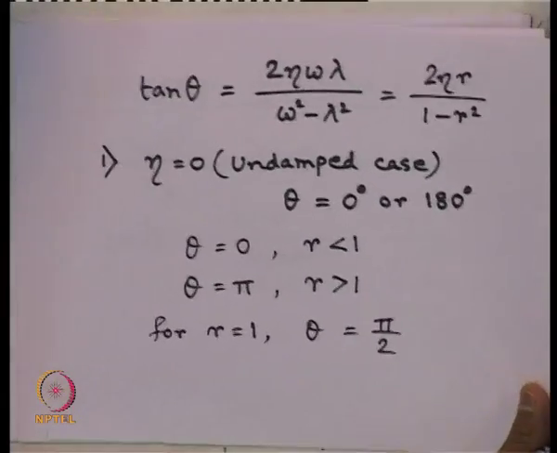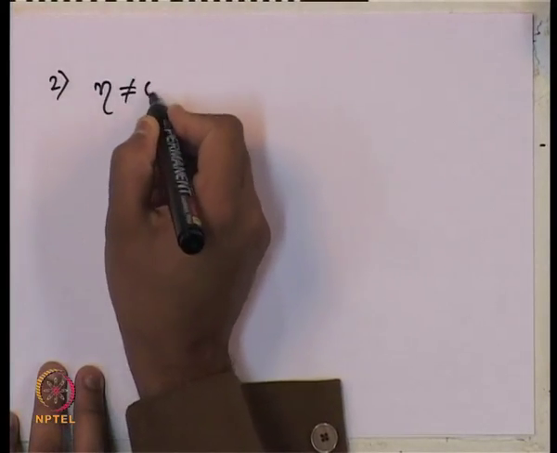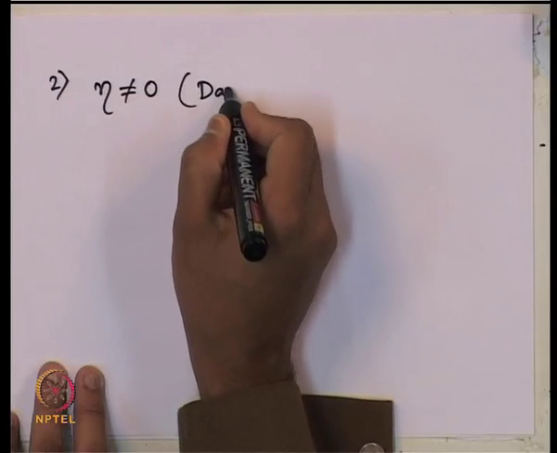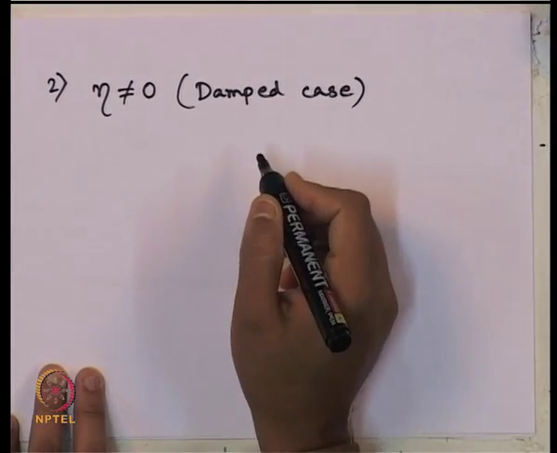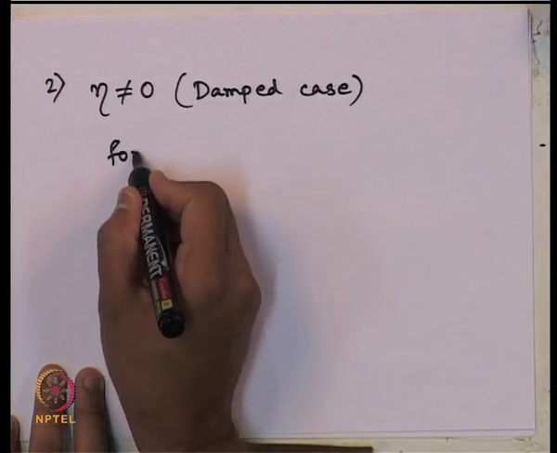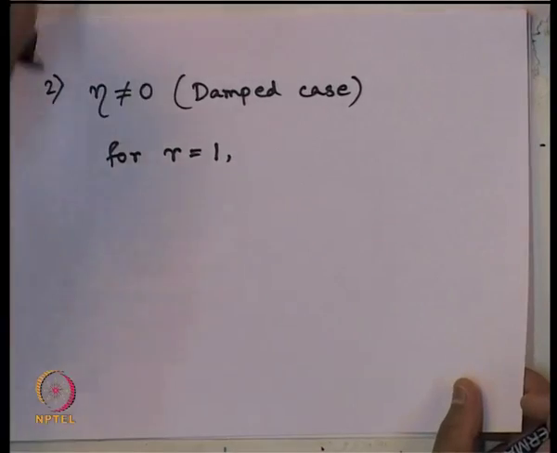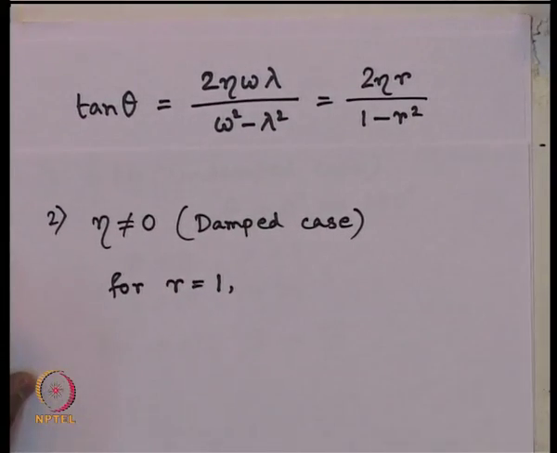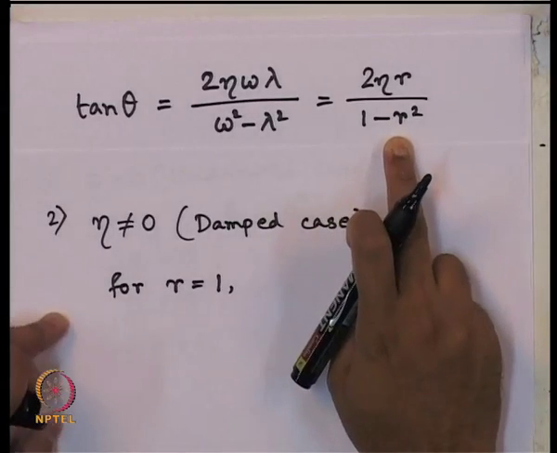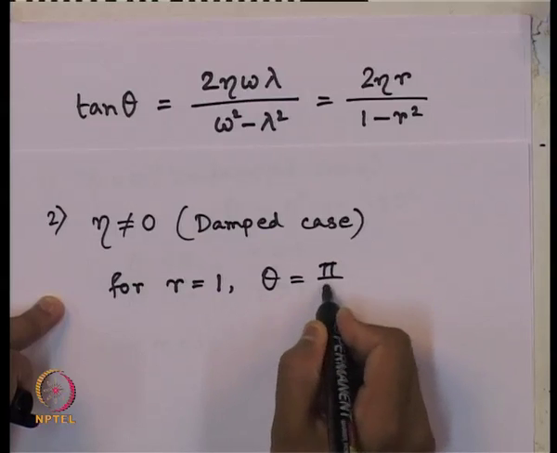Now, for the damped case, how does the variation occur? So, when eta is non-zero, that is the damped case, for r equals 1, what are we getting? Let us look back at the expression of tan theta. When r equals 1, it becomes infinity. So, obviously, theta is pi by 2.